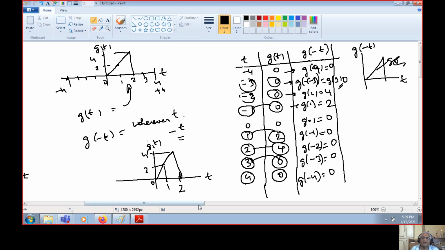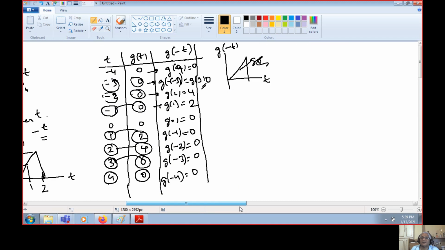Now what do I have now? I have all the values of g of minus t starting from minus 4 to plus 4. Now I can very easily plot, no?